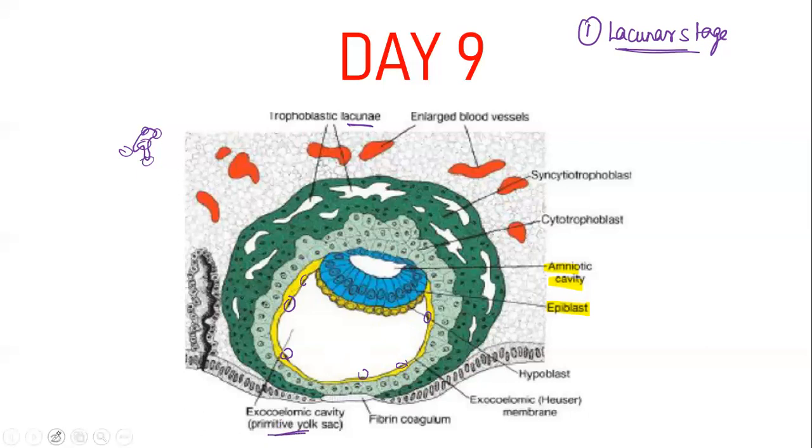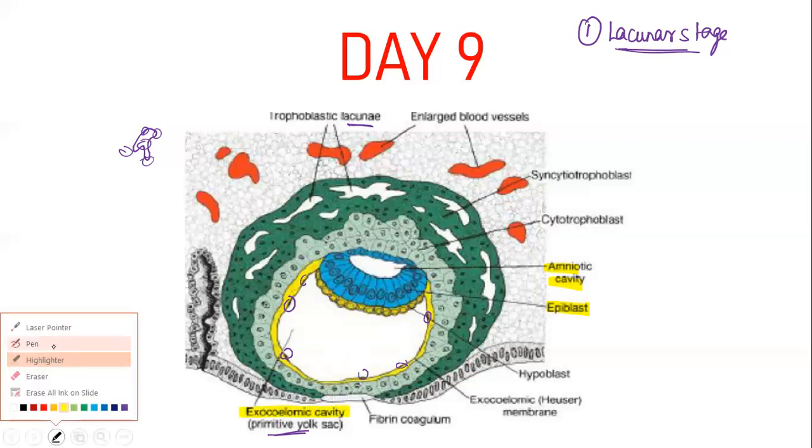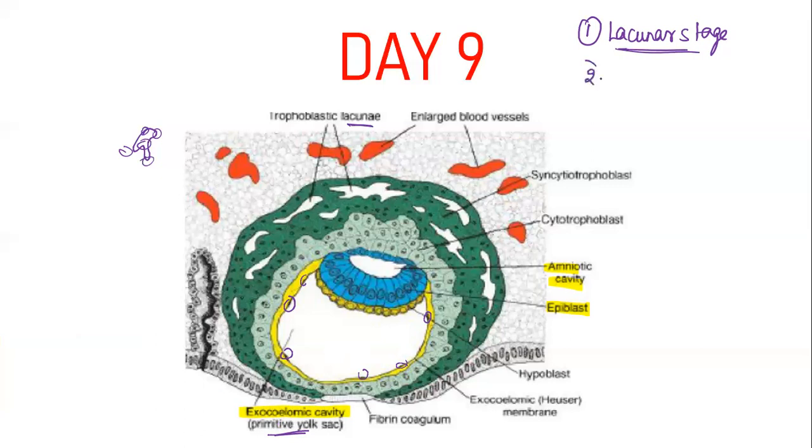This primitive yolk sac is also referred to as the exocelomic cavity. So the second important thing that happens in day 9 is the formation of the primitive yolk sac or exocelomic cavity.